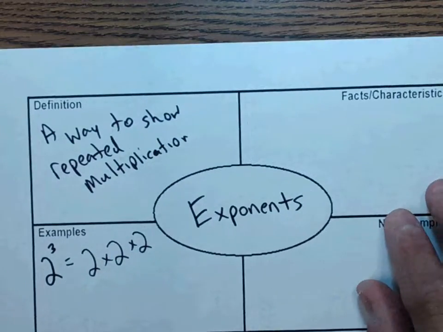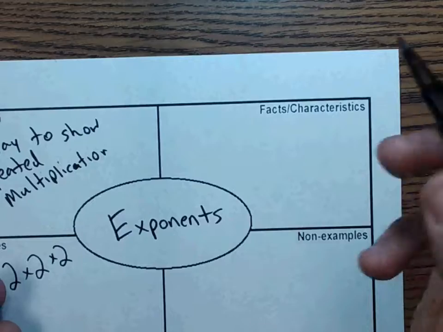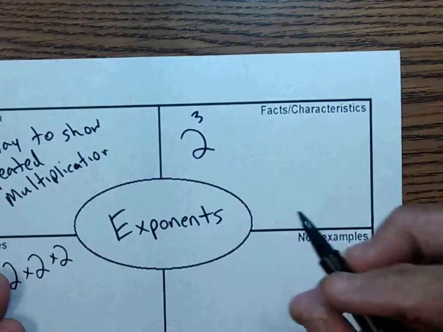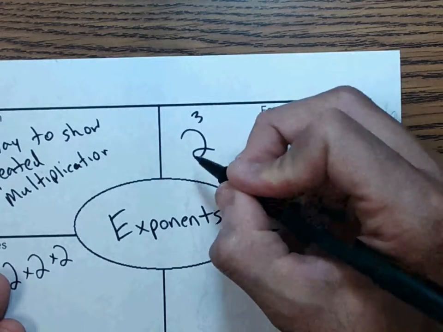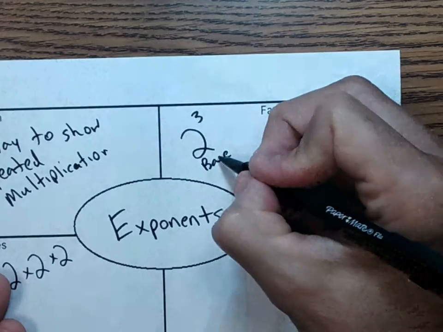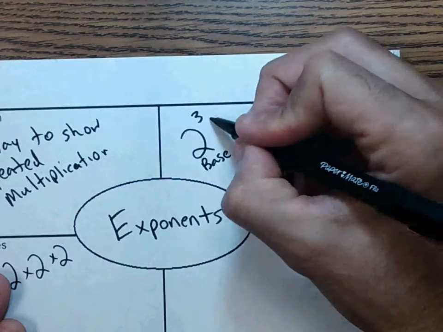So let's go into some of the facts and characteristics of exponents. I've got my 2 to the 3rd power. This larger number that we see is going to be our base number. And the smaller number right here is our exponent.